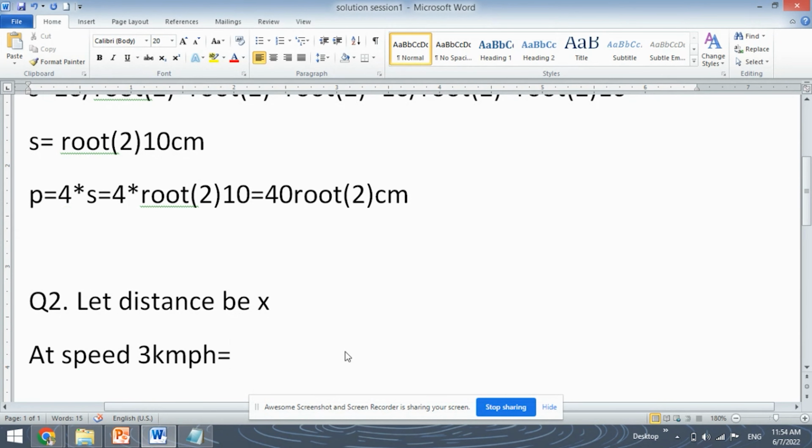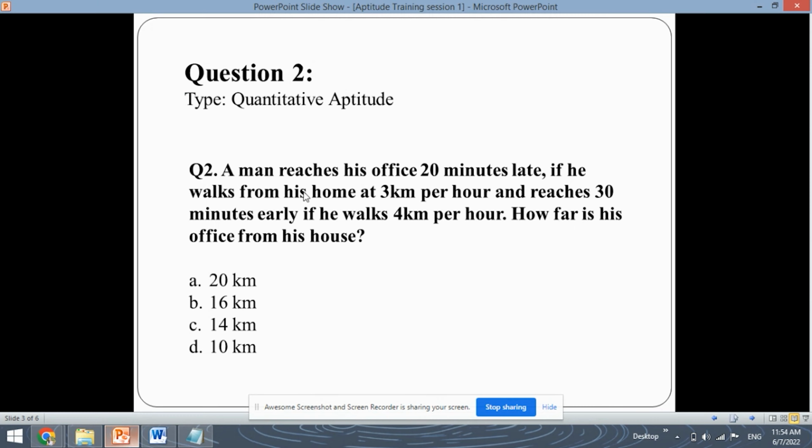The formula for speed is distance upon time, so the time required at this speed is distance upon speed. We need to get the time, correct? Distance here we have considered as x and speed is given as 3. The time at speed 3 km per hour is 20 minutes late. When the person travels at 3 km per hour, he reaches 20 minutes late.